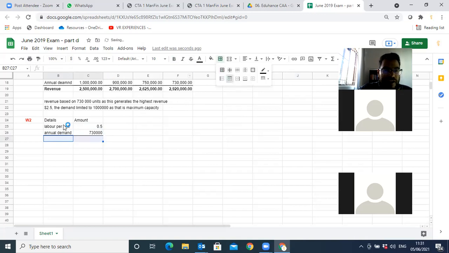So required labor hours is equal to 0.5 times 730,000. Okay, so we just quickly have a look if we're doing this right.